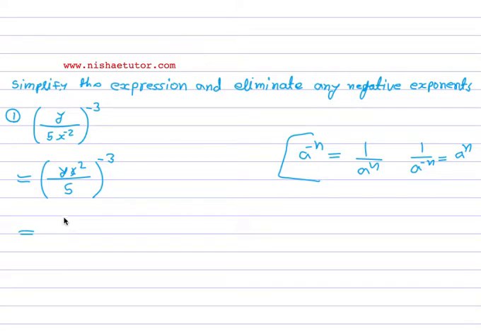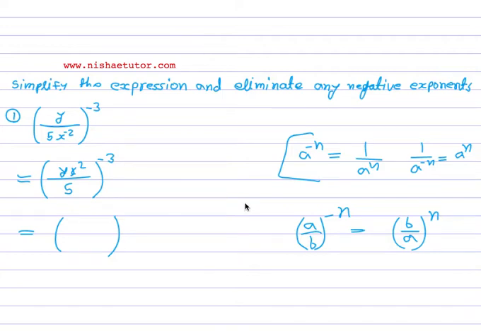I will write it in the next step. And do you know this, like a upon b to the power negative n? This negative power we have to convert into positive power, so at that time it is b upon a to the power n. Okay, so this is the law of exponent. So here we have to apply this.